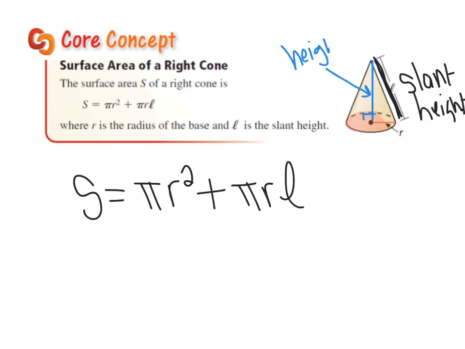Just like before, we have just called that H. Slant height, the outside edge of the cone, is a cursive L. Okay, so we just need to plug our numbers into that formula to find the surface area of a cone. So let's go ahead and look at a couple of examples.